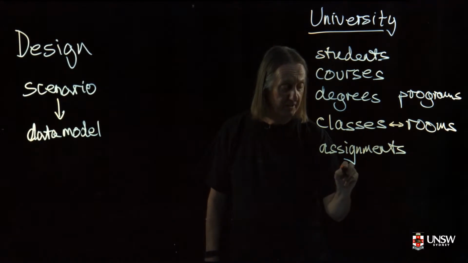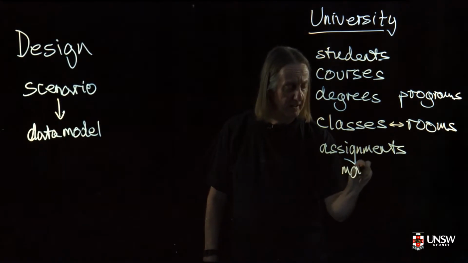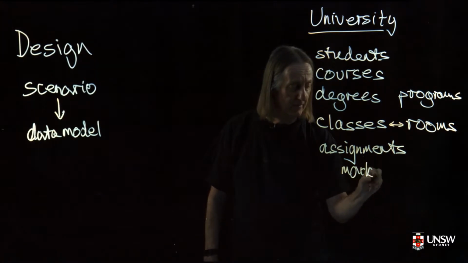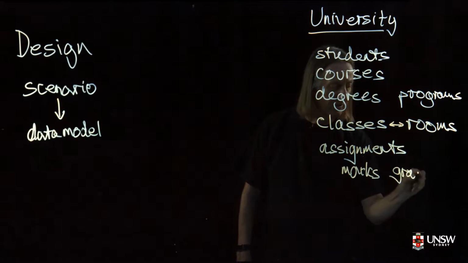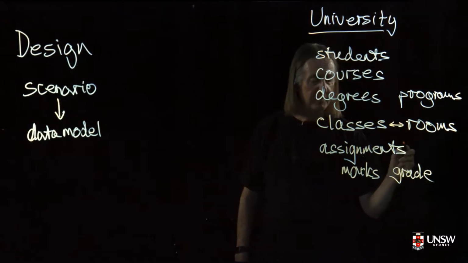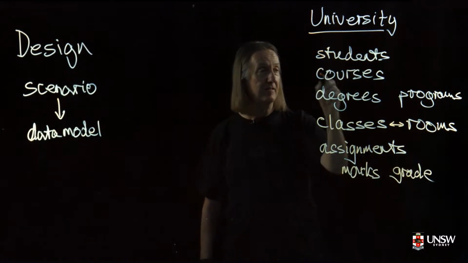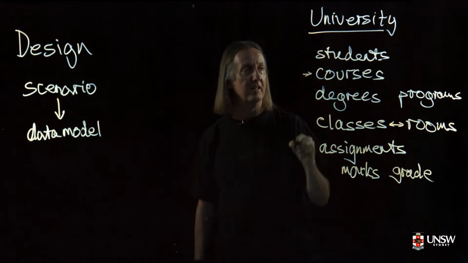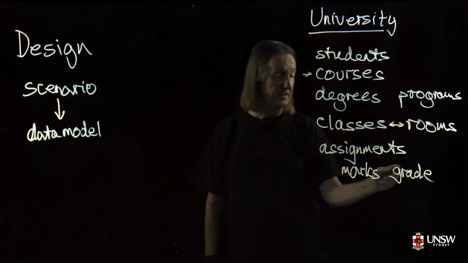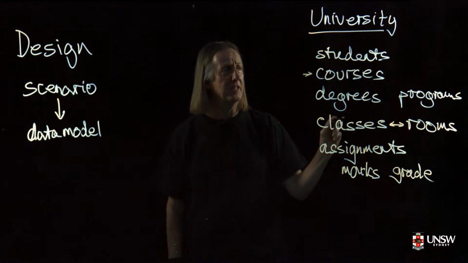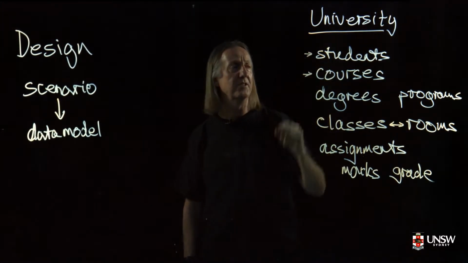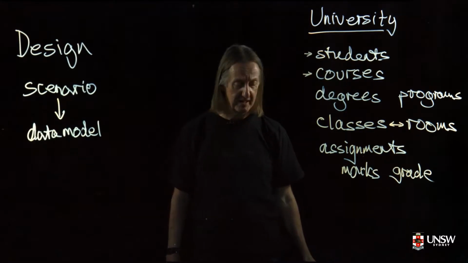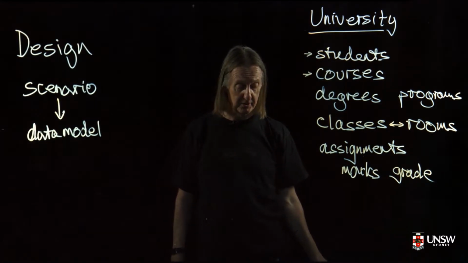And the other thing that obviously is related to that are the marks that you get for assignments and the grade that you get overall for the course. So clearly this has got to have a connection to that, and since it's a grade for a particular student in a particular course, the notion of grade has to somehow fit as part of the connection between those two things.